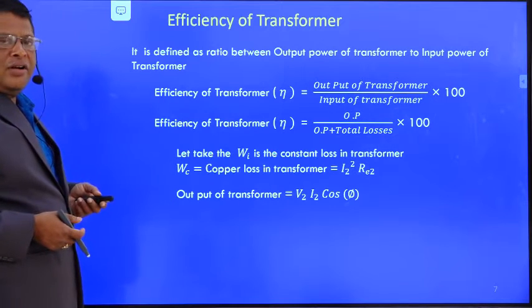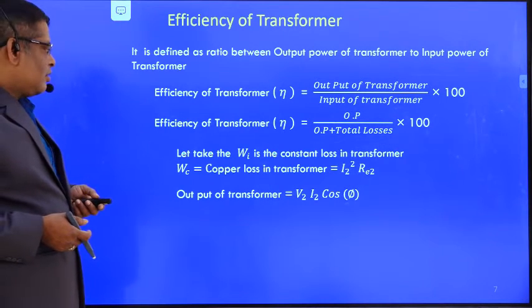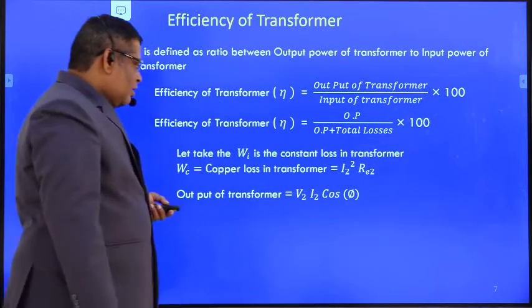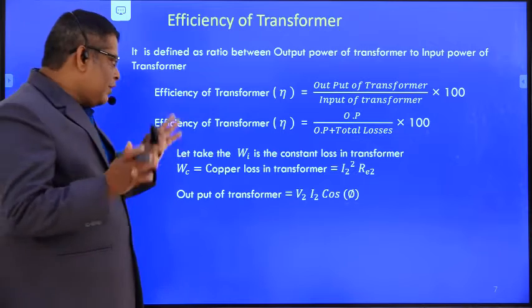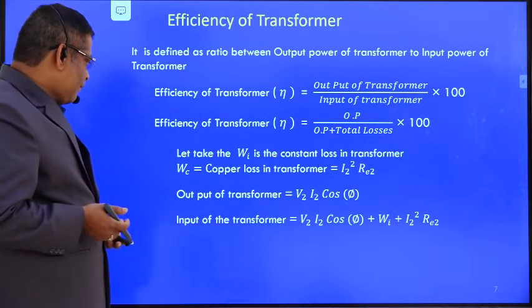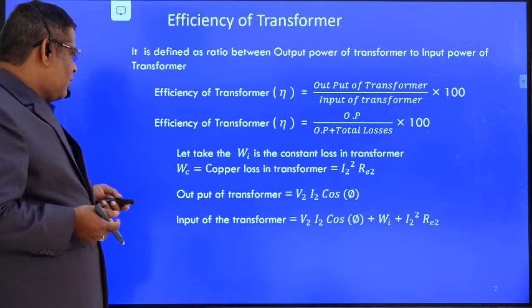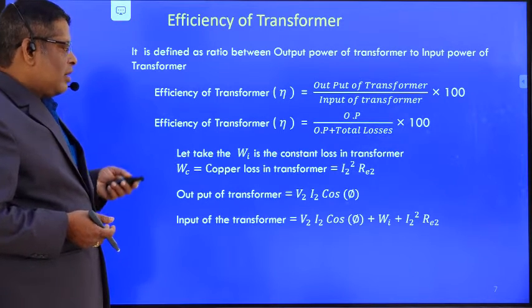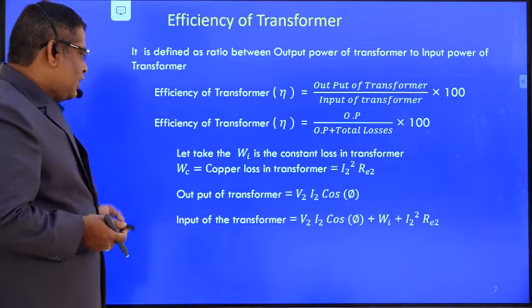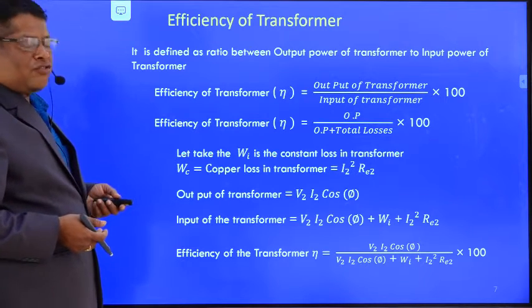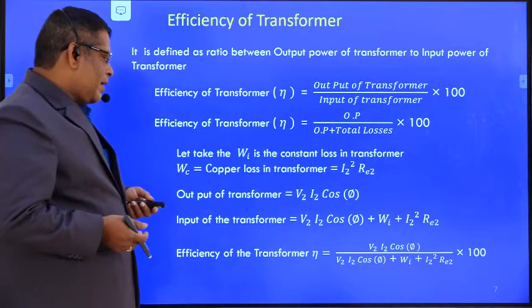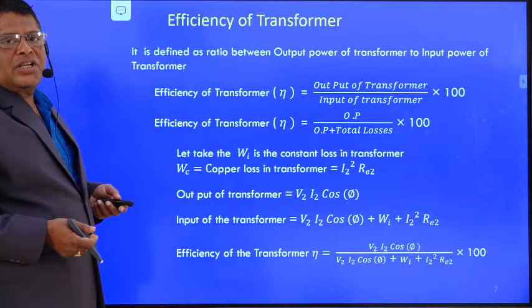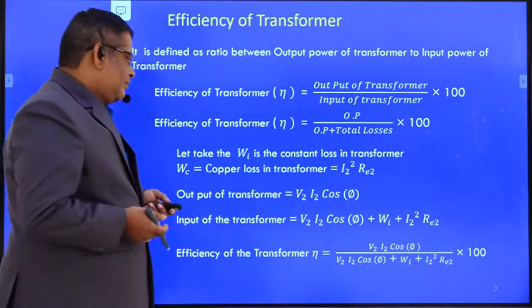Now the output of the transformer equals V2 I2 cos phi2. Here we can take it as phi2 or phi, anything. It represents the angle between V2 and I2. Now the input of the transformer equals V2 I2 cos phi plus Wi plus I2 square Re2. The efficiency of a transformer equals V2 I2 cos phi divided by V2 I2 cos phi plus Wi plus I2 square Re2, into 100.